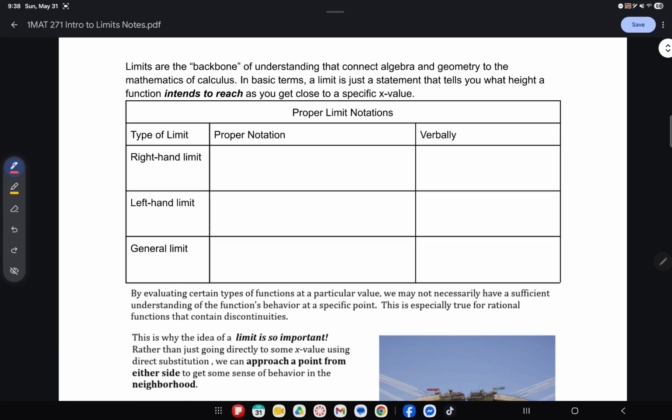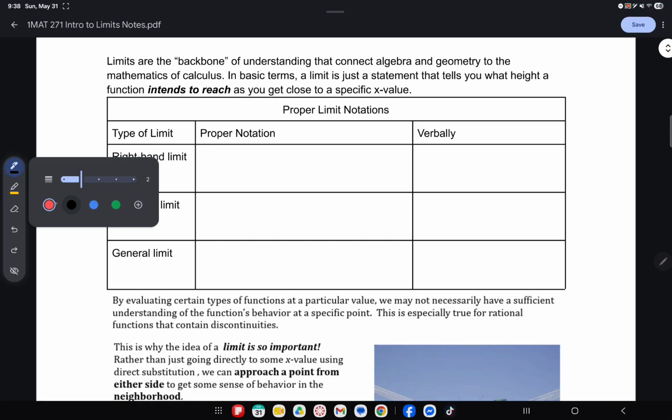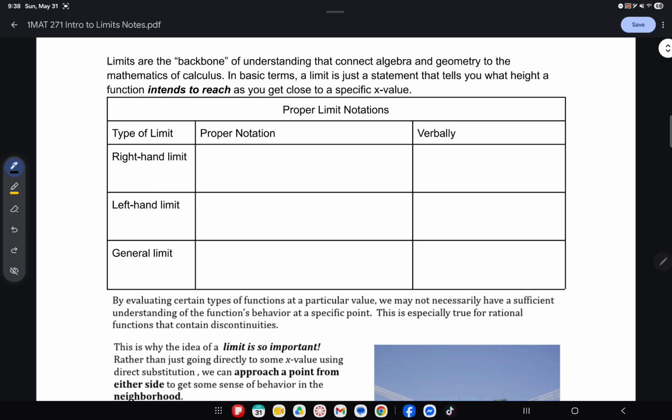We have a couple different types of limits: directional limits and a general limit, because sometimes they might be different, and that'll be something we need to look at. The right-hand limit, you will see written like this: the limit as x approaches some value c, with a little plus sign, which tells us it's from the right direction, and then our function.